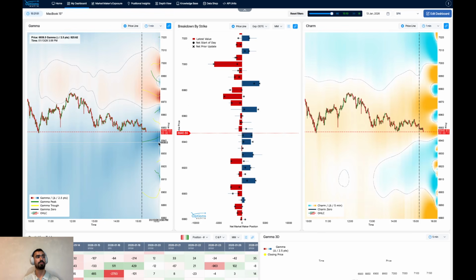So, what environment is suited for a reversal? Reversal can happen even though we're in a suppressive charm. Like I said, charm is just like a wind, all right? There can be wind towards the downside, but if Birdie wants to fly up, Birdie is going to fly up.